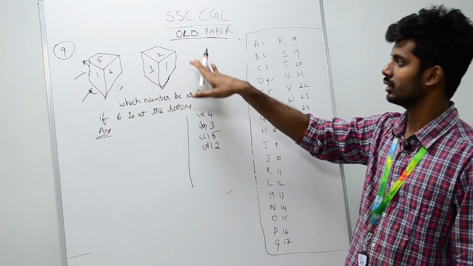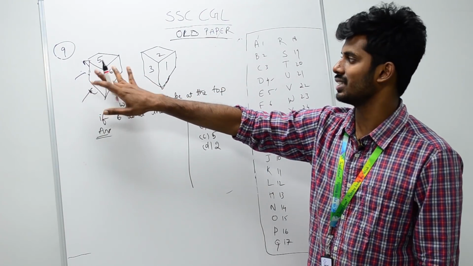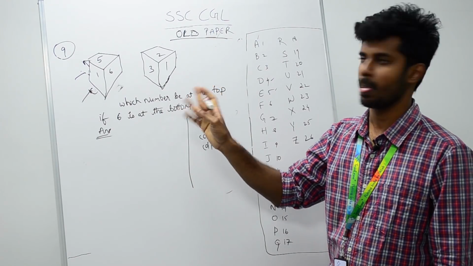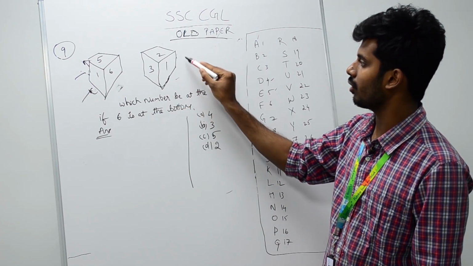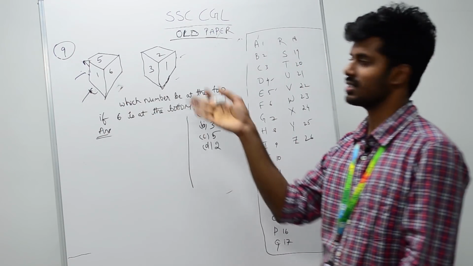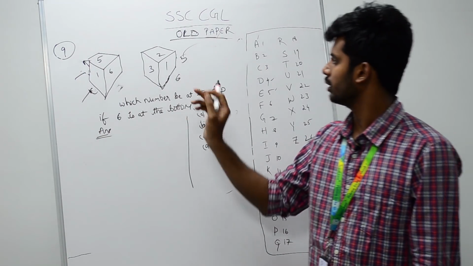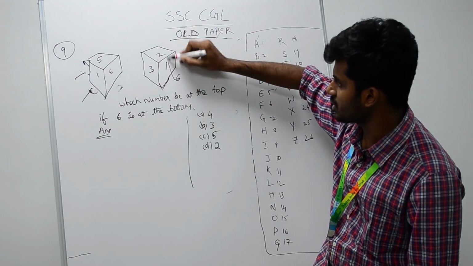Let's come to the second diagram. Here we have already seen that 6 is adjacent to 1. So either it could be here or here. But probably the easiest case is that it is on the right. Just try to keep it here. Then the answer is 2.